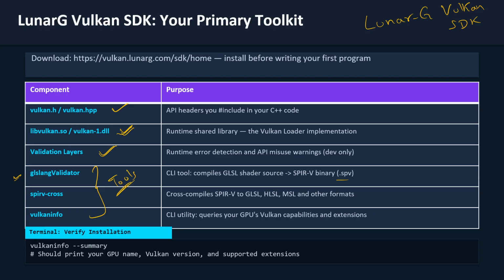Now .spv you can cross compile into basically any language. That means if you wrote your shader in GLSL, you can convert it into SPV, and then you can also use this SPV to compile it into a DirectX shader or a Metal shader or any other format.